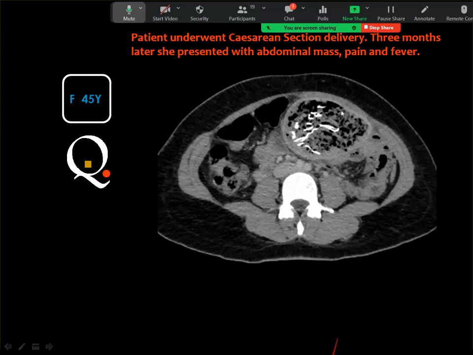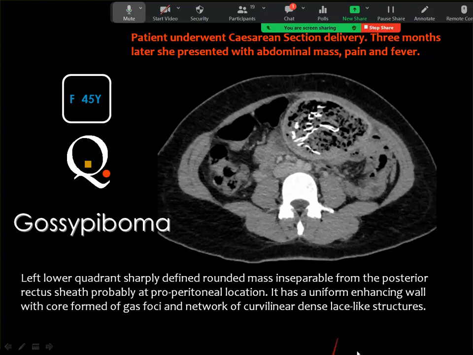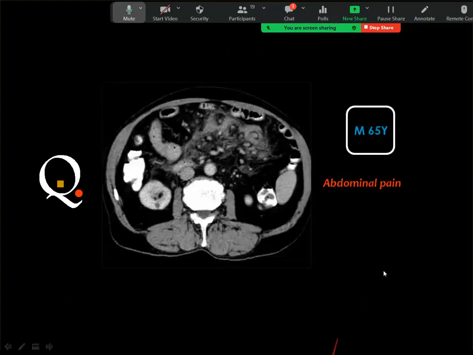Then you get air entrapped between the meshes of the retained gauze, and you get a significant inflammatory reaction resulting in what looks like a wall, but this is inflammatory granulation tissue surrounding the retained gauze, and this is gossypiboma. Next case.